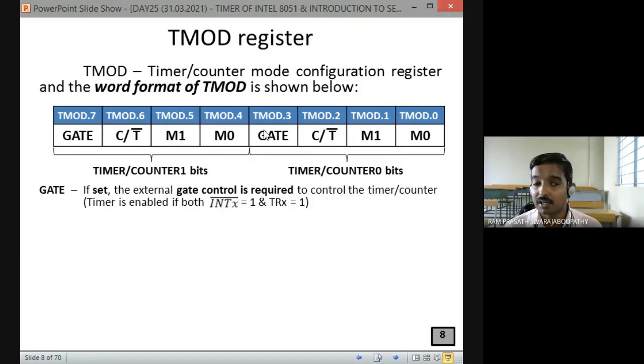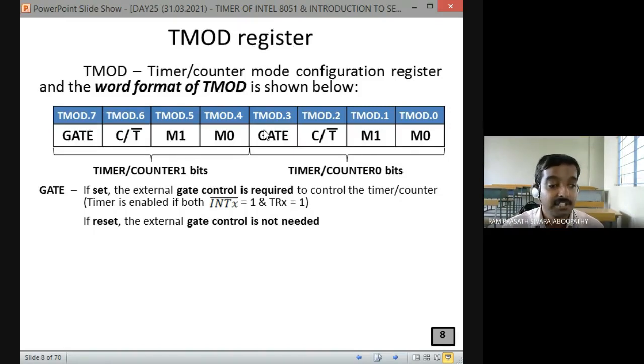If I have configured the timer with gate control enabled, and the external pin INT0 bar or INT1 bar is 0, it means the operation is not enabled. We can discuss all this later with the diagram so that you can understand.